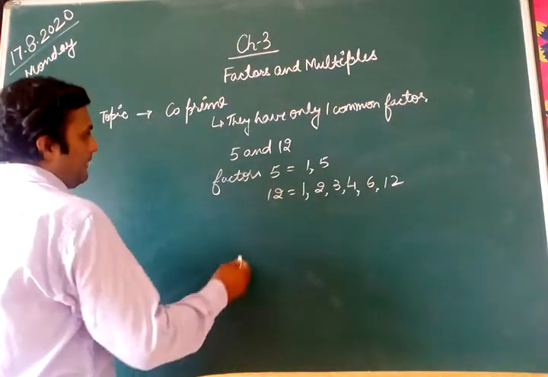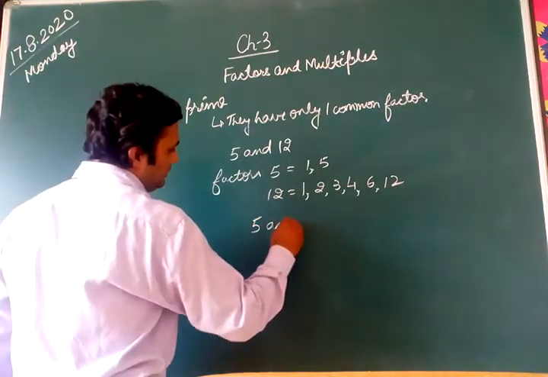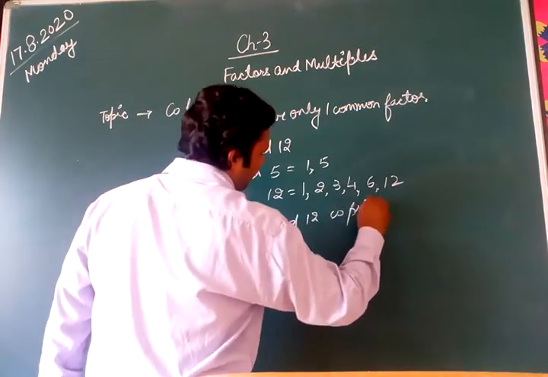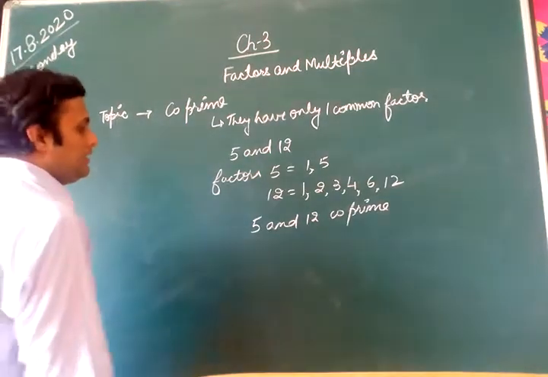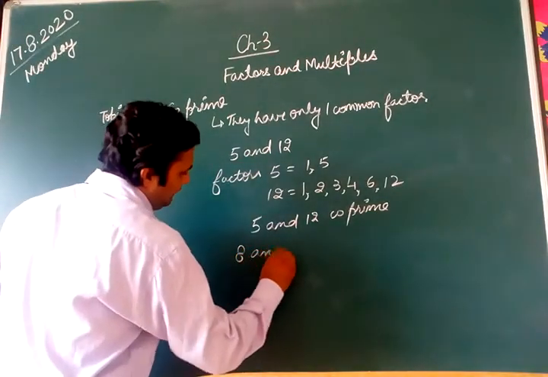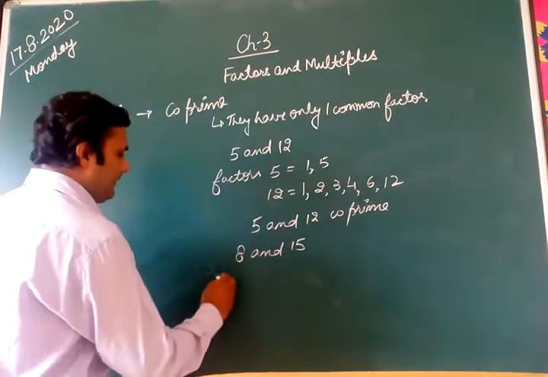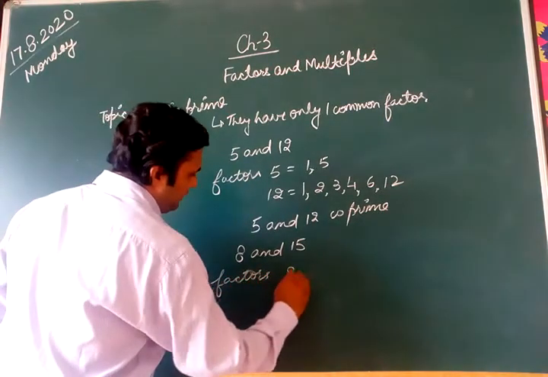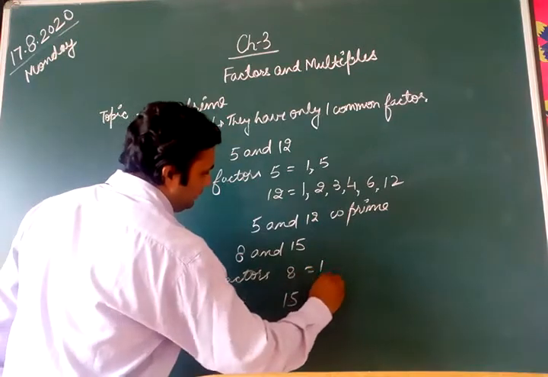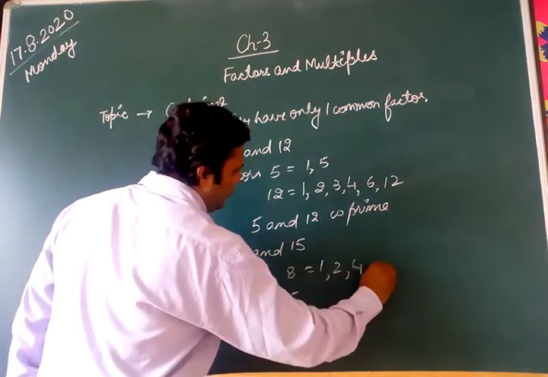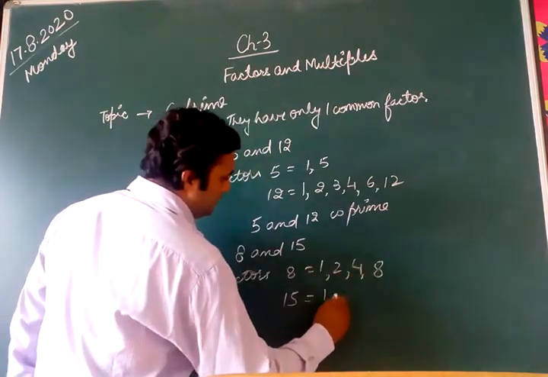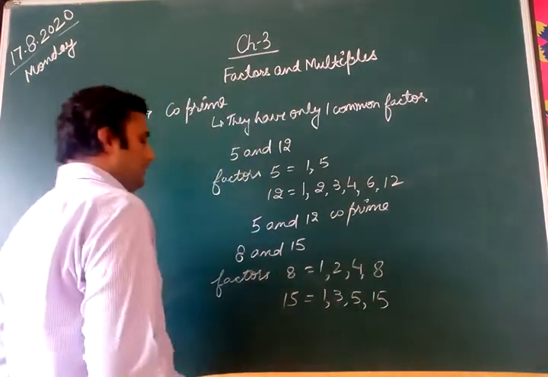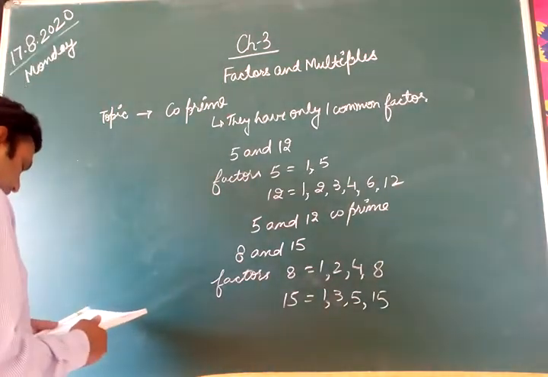So 5 and 12 are co-prime. If we talk about the numbers 8 and 15, the factors of 8 are 1, 2, 4, 8, and the factors of 15 are 1, 3, 5, 15.